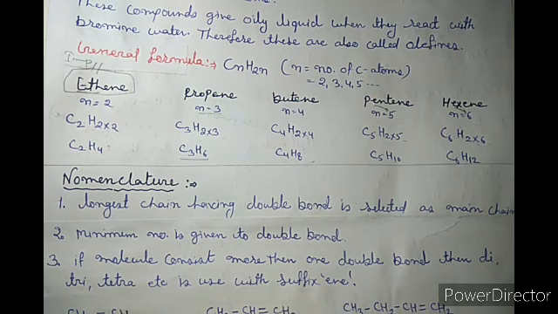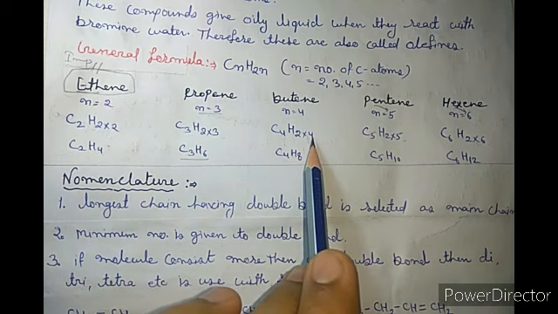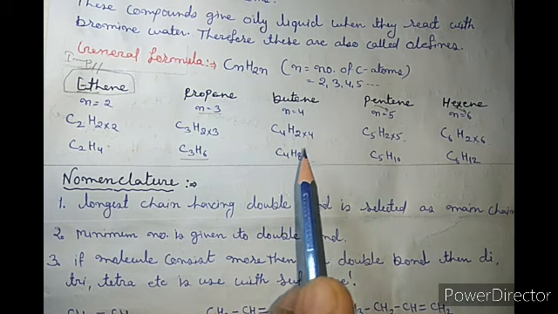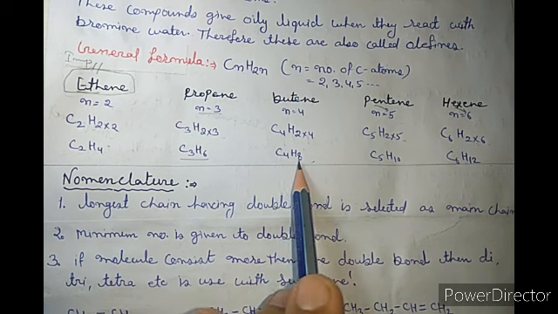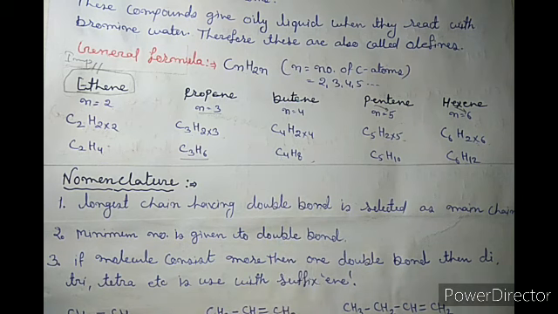Next one is butene. For but, the value of n is 4, so it becomes C4H2 into 4, that is 8. So the molecular formula is C4H8. Next is pentene.